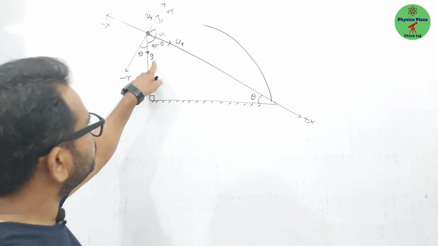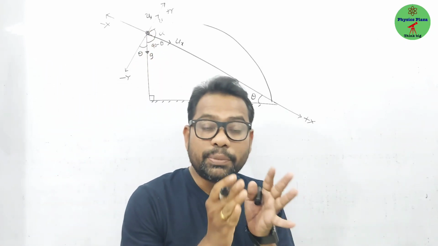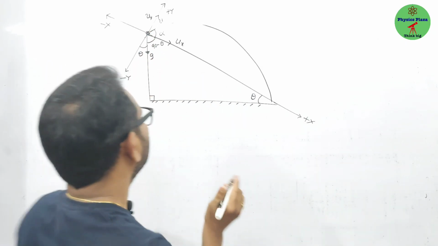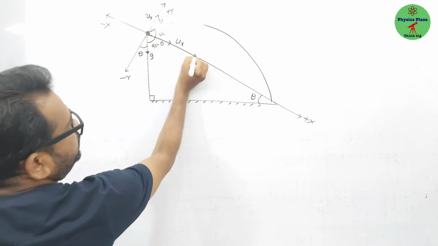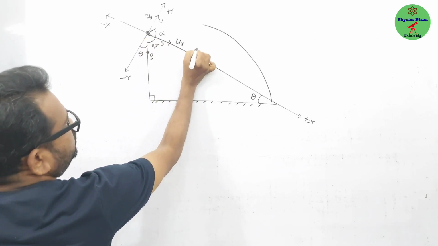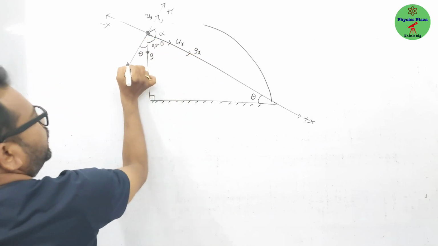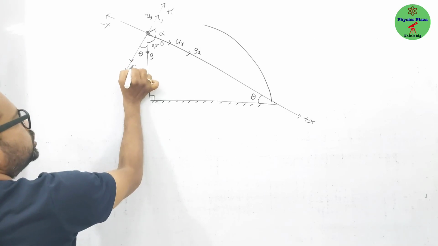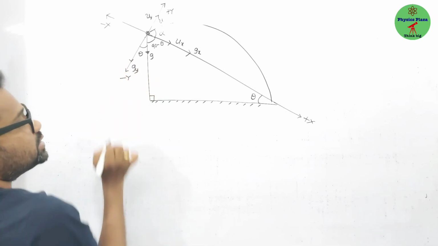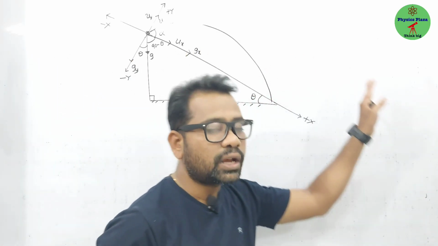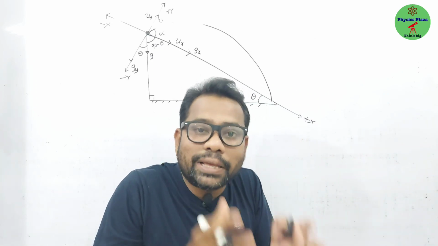Here the acceleration due to gravity, also a vector quantity, can be resolved into two rectangular components. One is along the x-axis, let us say gx, and along the y-axis it is going to be gy. Now let us write the x components and the y components so as to have a clear idea.